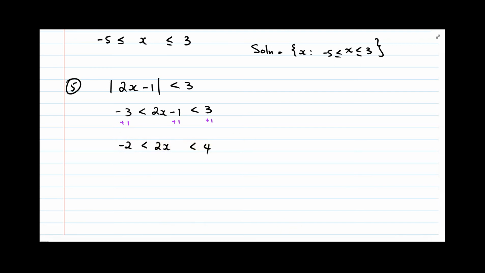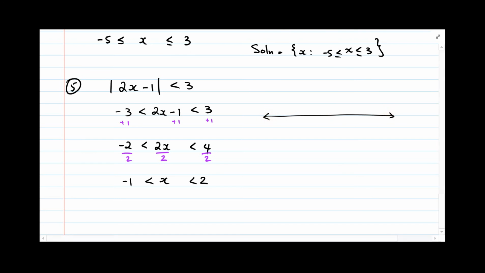Now I need to get rid of the coefficient of x, which is 2. So if I divide throughout by 2, nothing happens to the inequality if I divide by a positive number. So this is just negative 1 is less than x, which is less than 2, or another way of saying this, x is greater than minus 1 and x is less than 2.